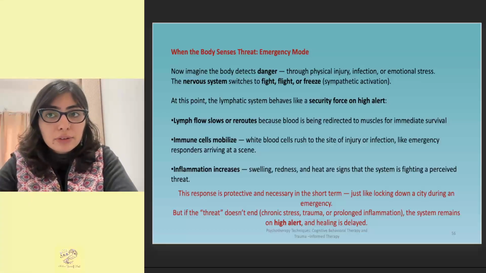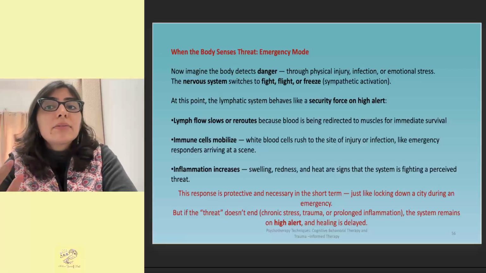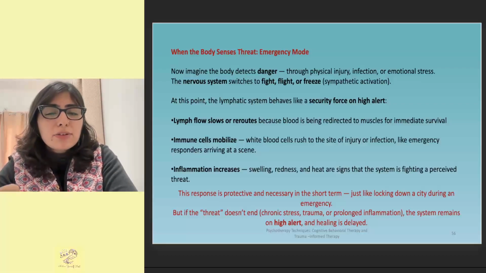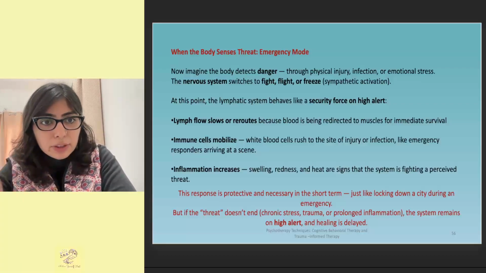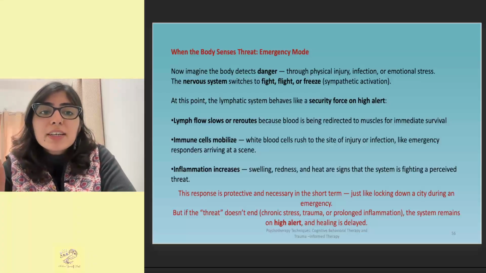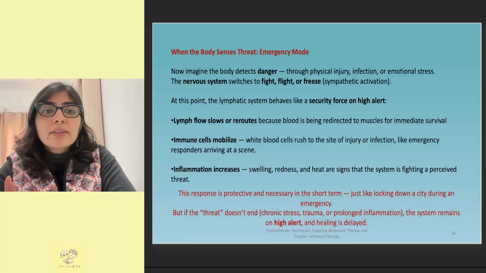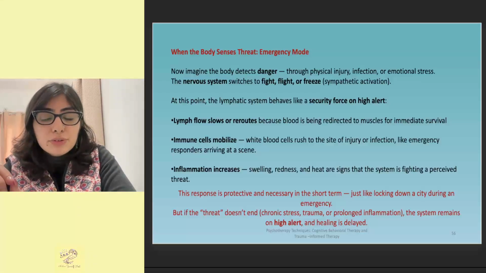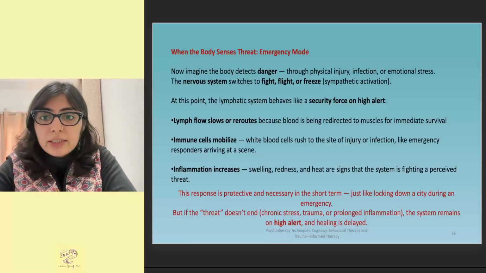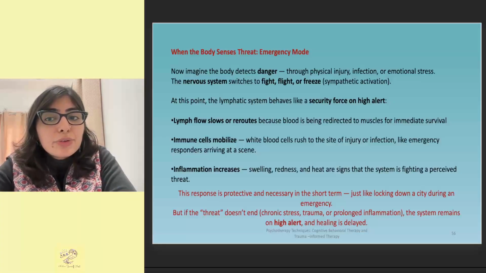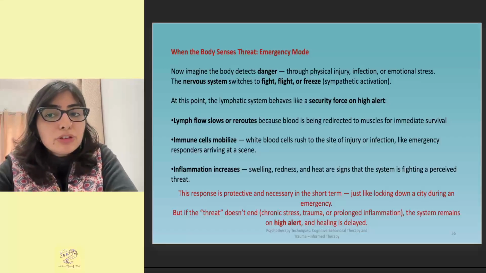So if you have gone through any injury, and you are overthinking, you are anxious or depressed or anything related to mental or emotional health, the physical body loses its capacity to recover and restore fast. We'll understand how. Imagine the body detects danger through physical injury, infection, or emotional stress.